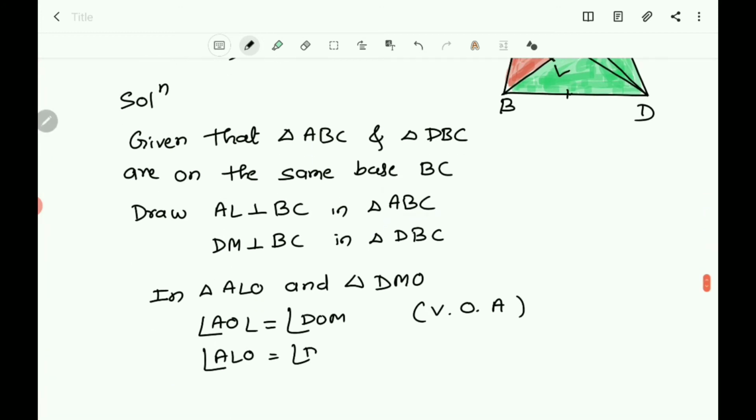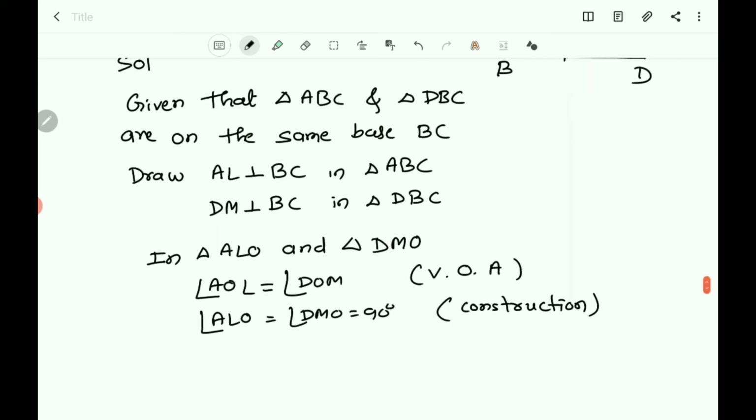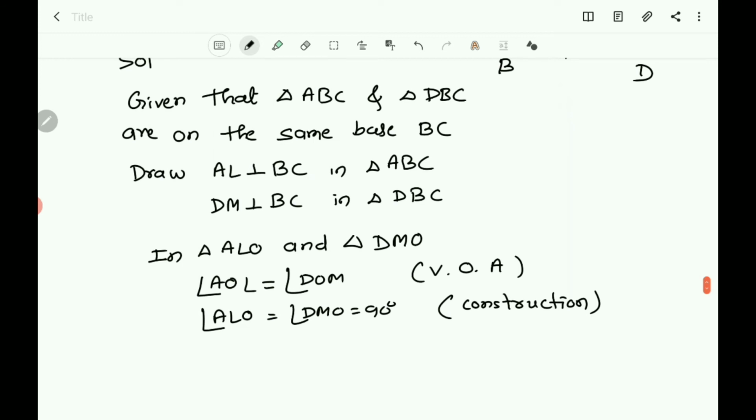That is the construction you made. So angle ALO is equal to angle DMO, both equal to 90 degrees. Therefore, by the AA similarity criterion, triangle ALO is similar to triangle DMO.